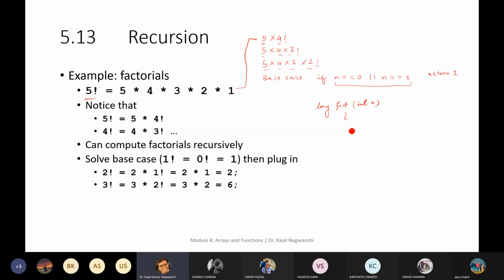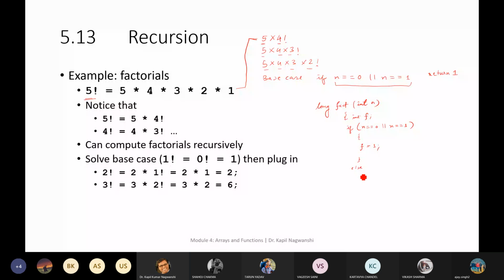If the value of n equals 0 or n equals 1, here I am writing integer f, so f equals 1.